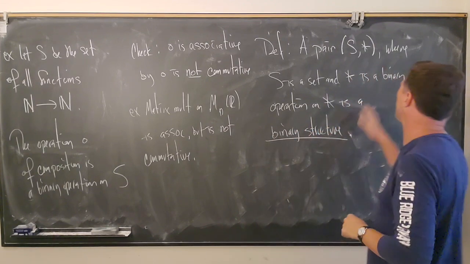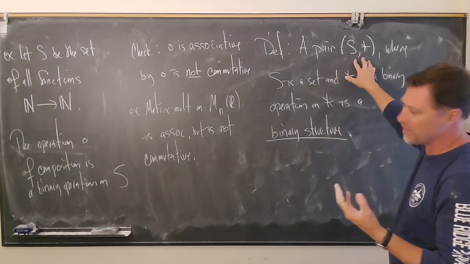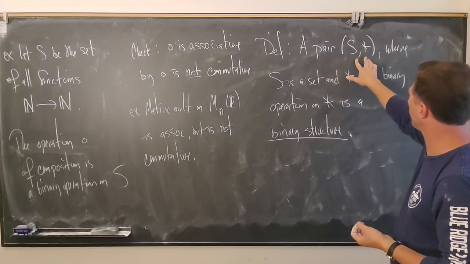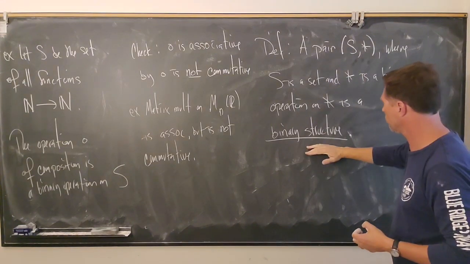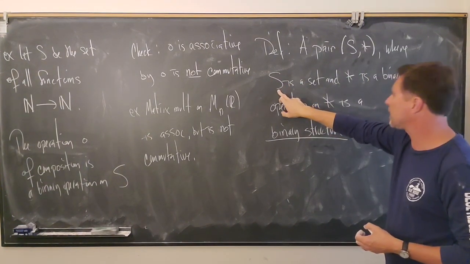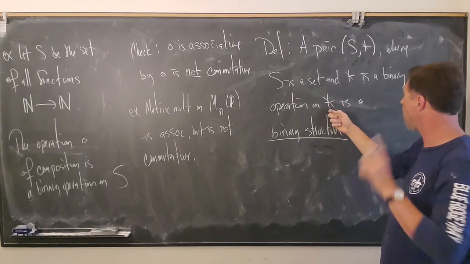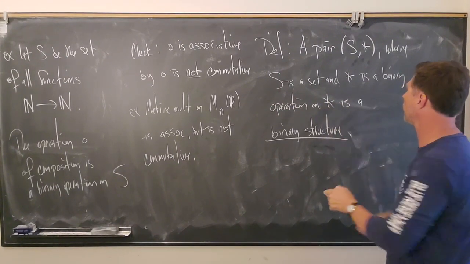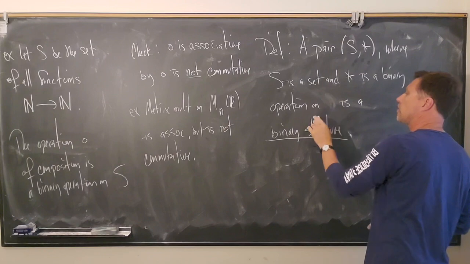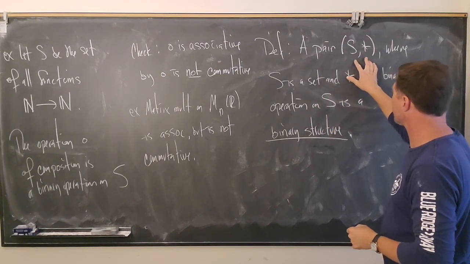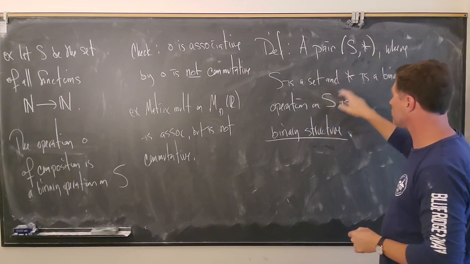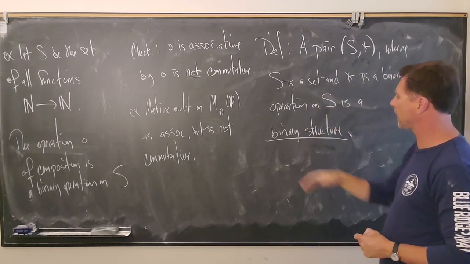We're not going to be that heavy on this ordered pair notation, but occasionally you want to think in this way. So a binary structure is a set together with a binary operation on that set. Oops, sorry, I messed that up; that should say a binary operation on S. So a pair like this, where S is a set and star is a binary operation on S, we call a binary structure.